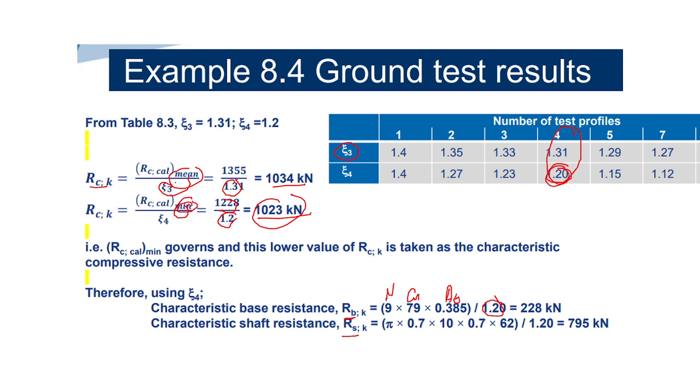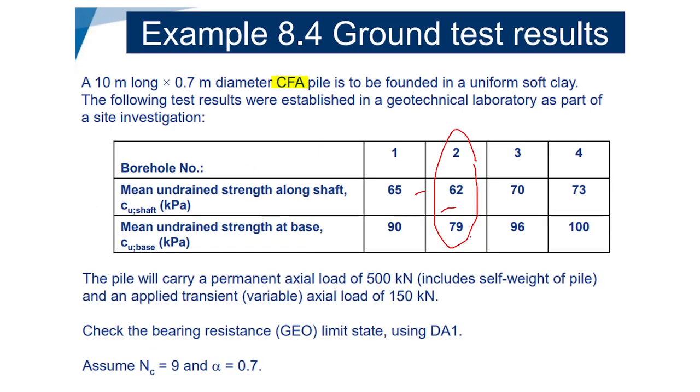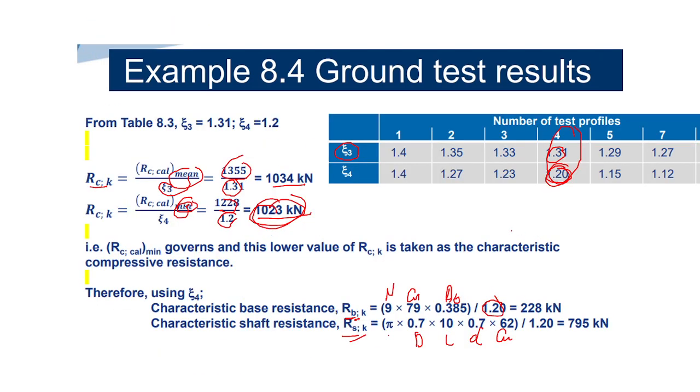If we are considering this one, it should be here, but take note that we will arrive at the safest value using this smallest value, which is coming from borehole number 2. This is at the base, and at the shaft you have pi, this is diameter, this is L, and this is alpha, and this one is the undrained strength at the shaft, which is this one. Okay, so we have this value.